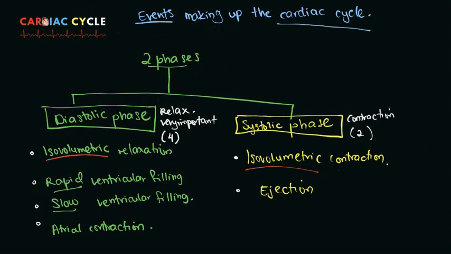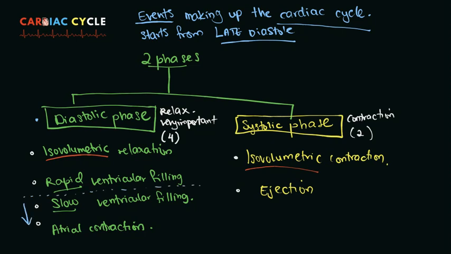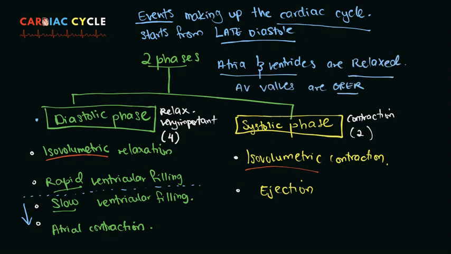Now let's talk about the events making up the cardiac cycle, as in what particularly happens in each of the steps in the phases of the cardiac cycle. It has traditionally been agreed upon that the cardiac cycle starts from late diastole, which is the second half of the diastolic phase, where the atria and ventricles are both relaxed and the AV valves are open.